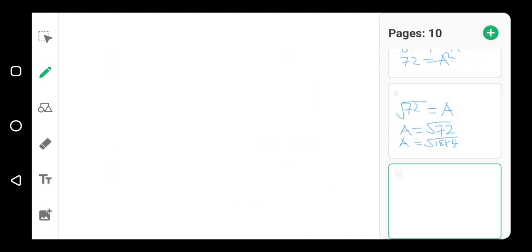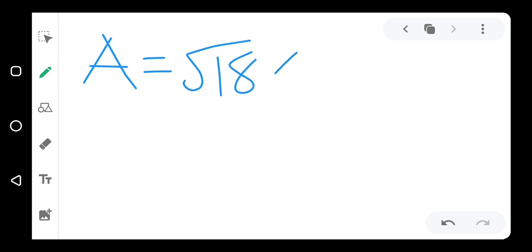So a is equal to root 18 times root 4. Now for 18 itself, we check whether there is any perfect square inside 18.